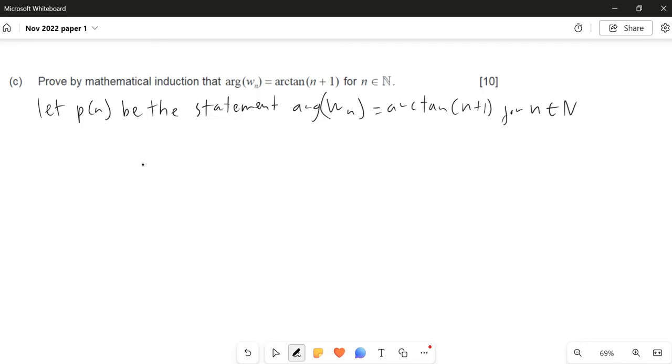So the first step will be to equate our n to the first possible value. And because it's natural numbers, it'll be starting from 0, not 1. So P(0) is true.